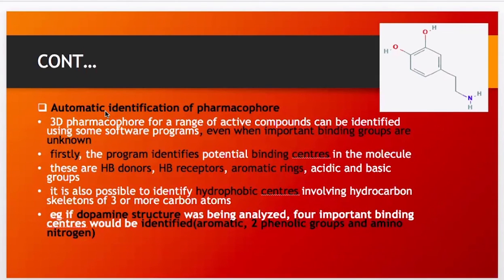What are those things? When you're looking at these different compounds, there are these important common binding centers that you can approximate just by looking at the molecule. Those that you need to take note of, and that the software would also take note of, are the hydrogen bond donors, the hydrogen bond acceptors, the aromatic rings, and the acidic and basic groups.